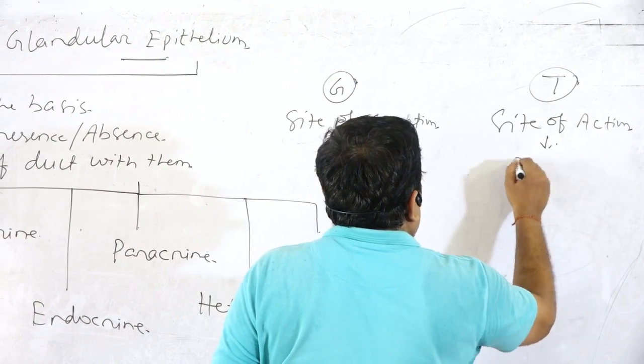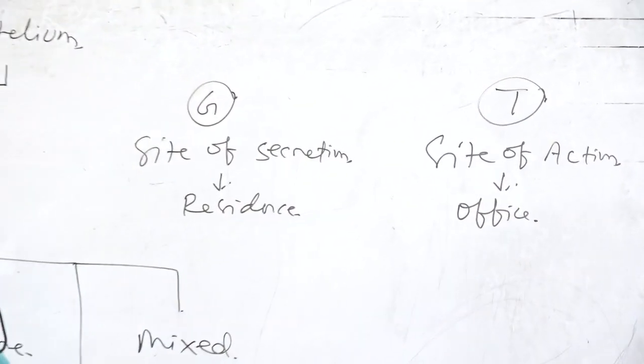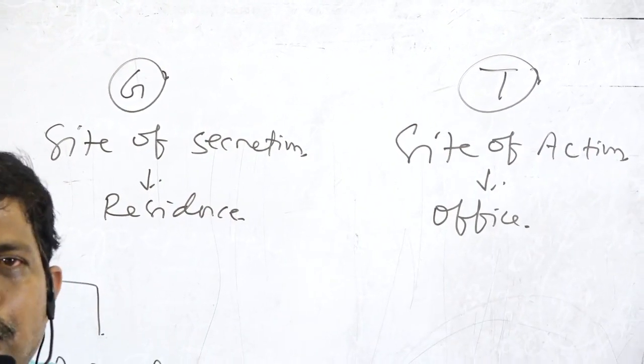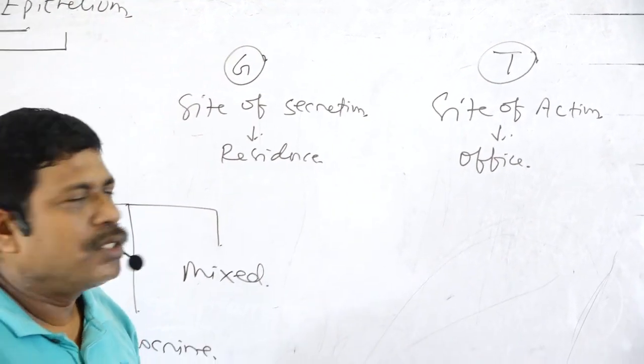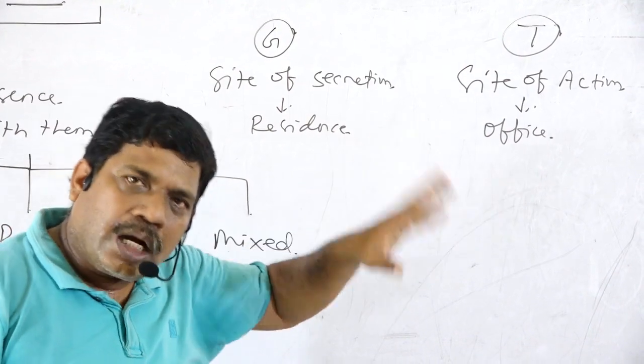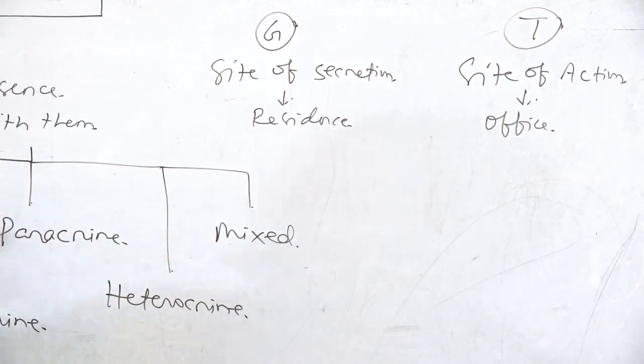Suppose this is the office, this is the residence, this is the office. On that basis, if the gland is associated with a duct or not, presence or absence of duct, it is of the following types.